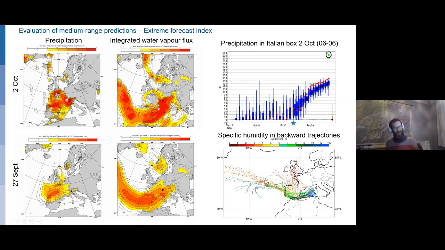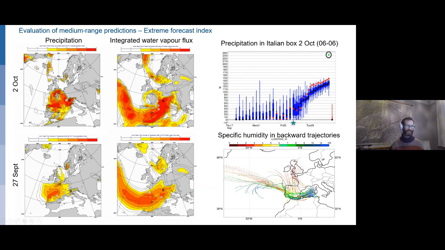And to look at the moisture transport, I also calculated the backward trajectories from ECMWF analysis for trajectories ending up on the 2nd of October, close to the French-Italian Mediterranean coast. And the coloring here is the specific humidity.